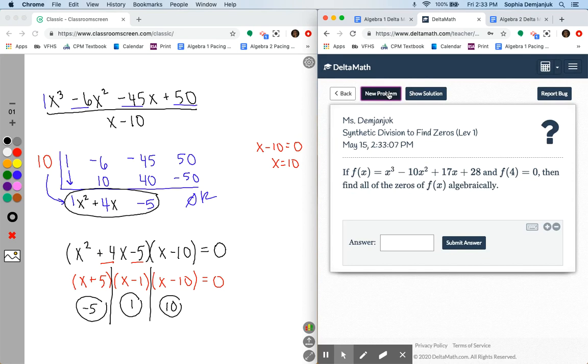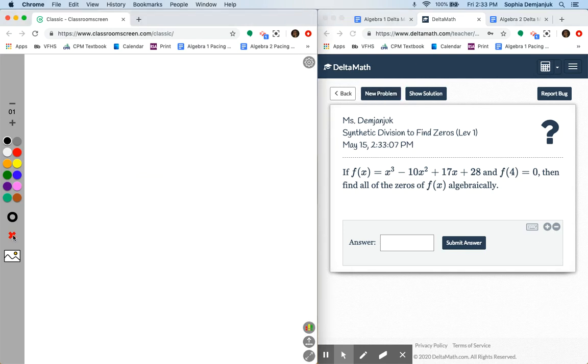Now, the second way that you might see these examples is by, instead of saying x minus 10 is a factor of, like we had in the last example, it'll say f of 4 equals 0. And we can do the same thing, same steps and everything. This is saying that we are taking x cubed minus 10x squared plus 17x plus 28.